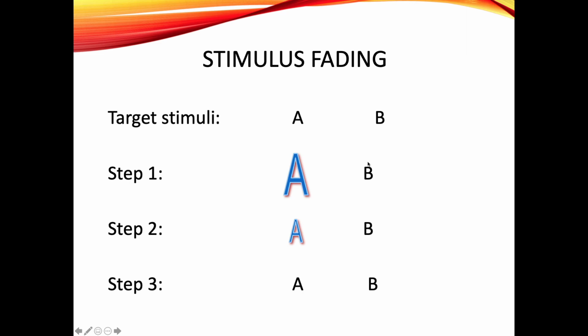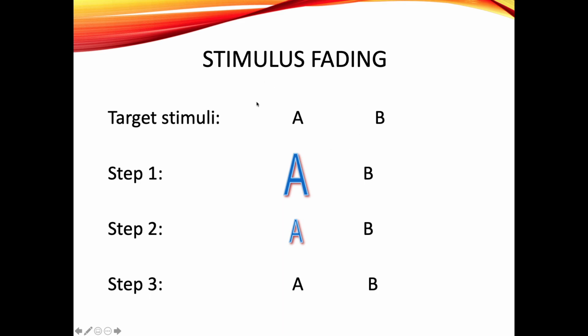So most of those, if not all, I think fall under the category of response prompts, right? So we're kind of bringing about a response, and we're adding prompts that are not necessarily part of the teaching stimuli. So when we move to stimulus prompts, stimulus fading is one of the examples that the textbook talks about.